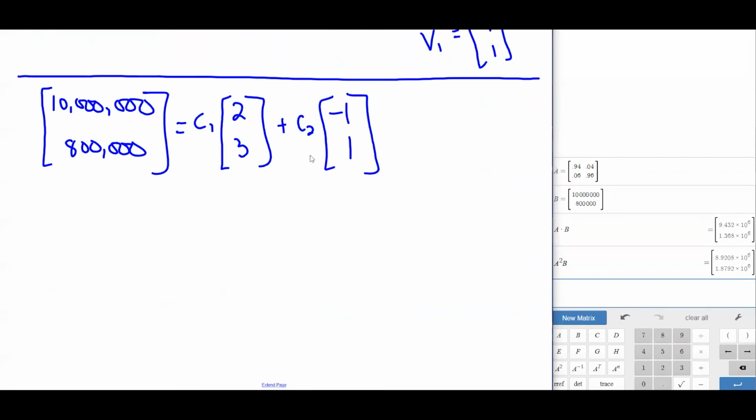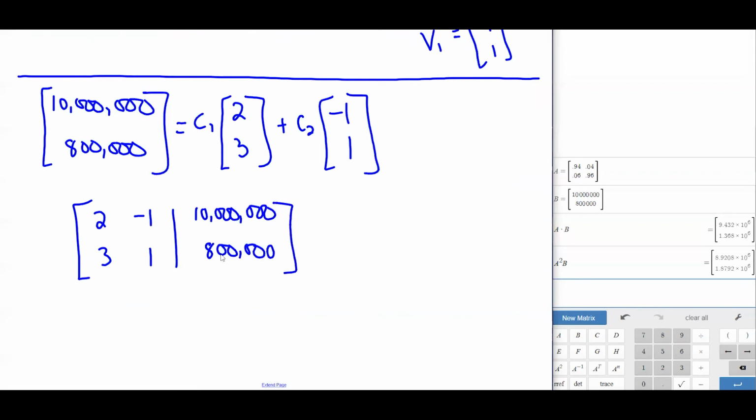So I just need to solve this for the c's, which means I need to solve this system. And I'm solving for C1 and C2. Those are my constant weights, my variables.